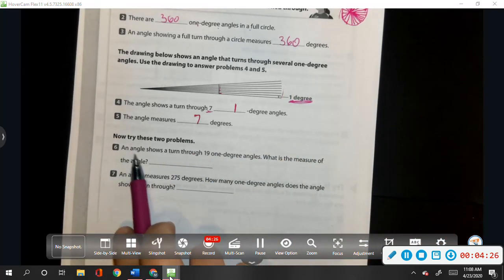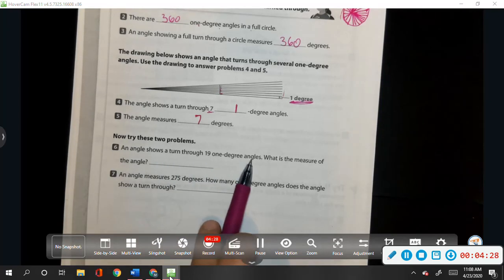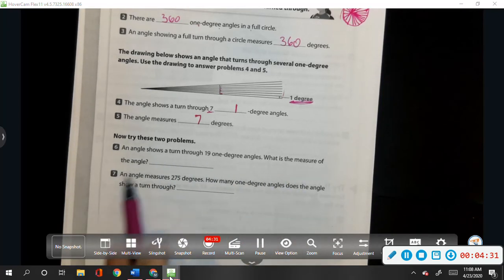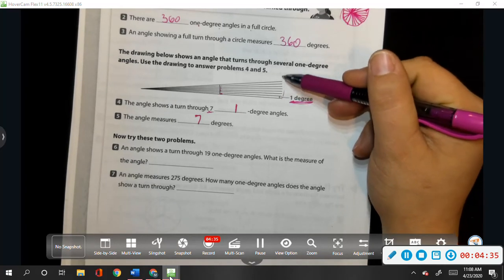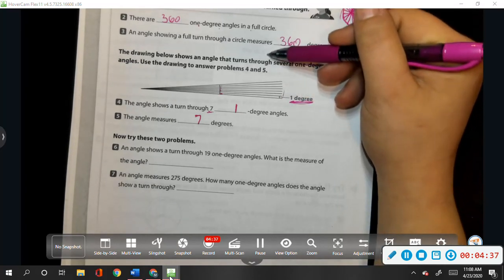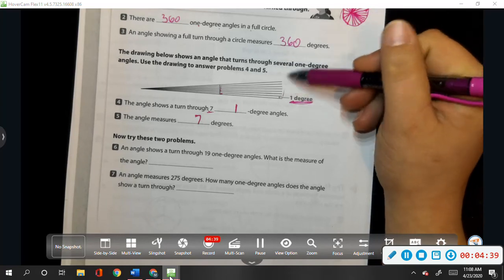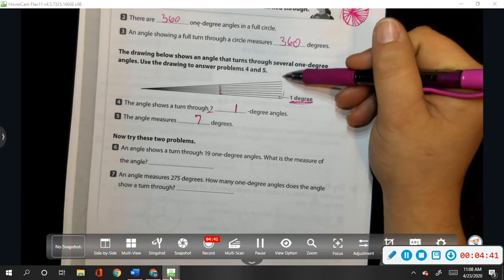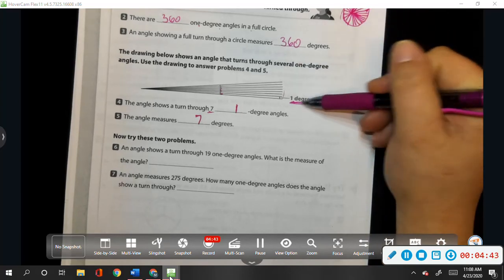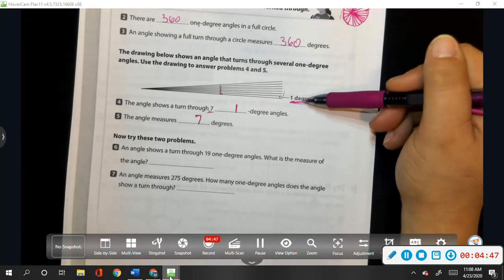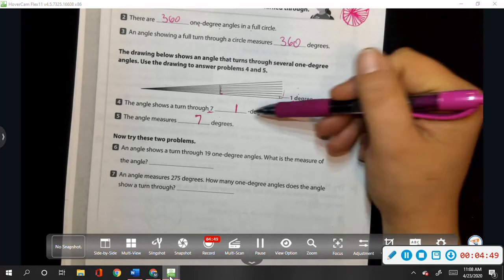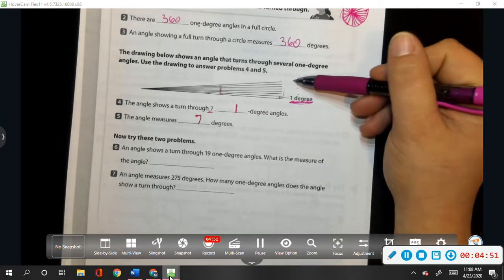Number 6, an angle shows a turn through 19 1 degree angles. What is the measure of the angle? Well, let's look back up here. If we said that instead of 7 angles here, we had 19 angles, 19 1 degree angles, our degree would be what? If we had 7 angles here that were 1 degree each and we added those together, it was 7 degrees.